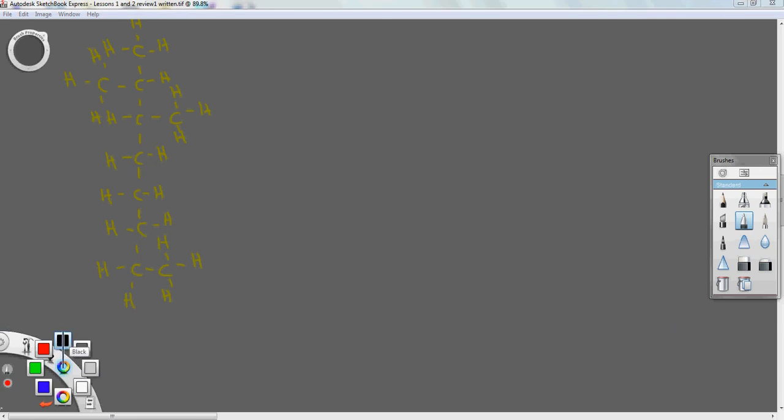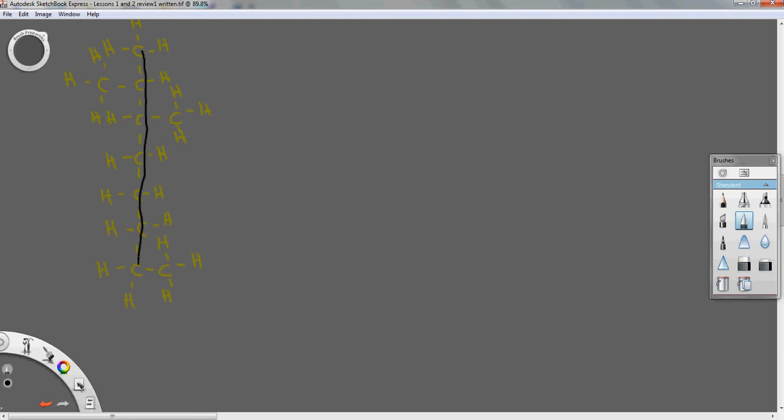Alright, so this is the last one I'm going to do. So let's find the longest path. Here it's pretty obvious, so we come all the way down here. But one thing that I had tried to trick you in this problem is you might look at this over here and think it might be a methyl group, but in fact it's just part of the long path.